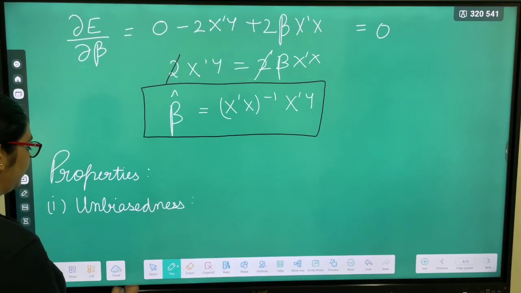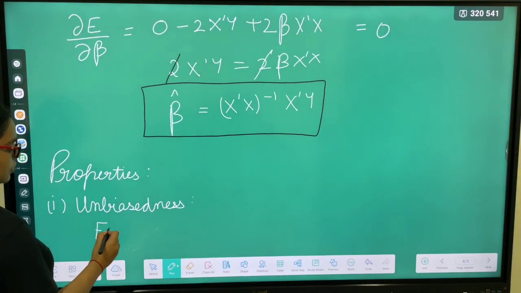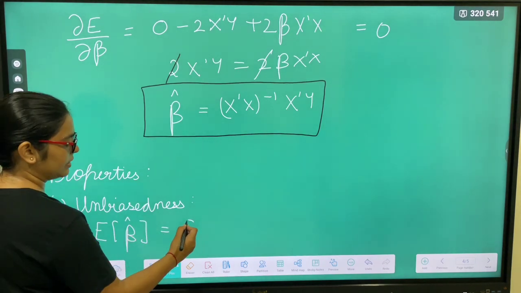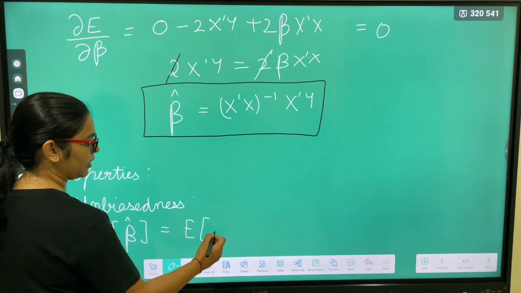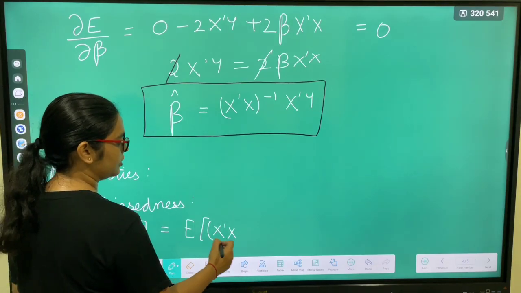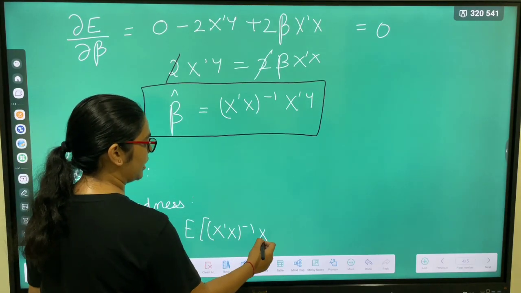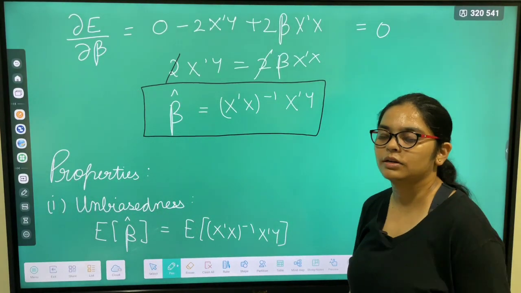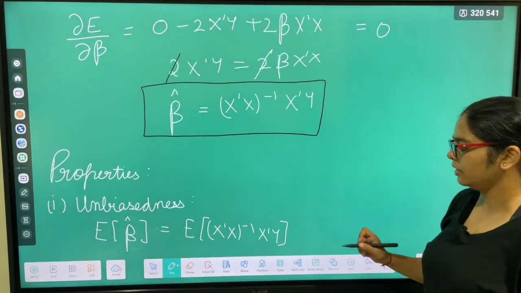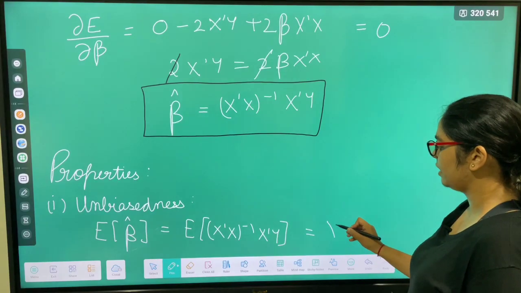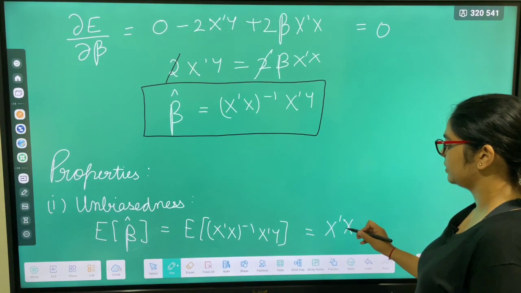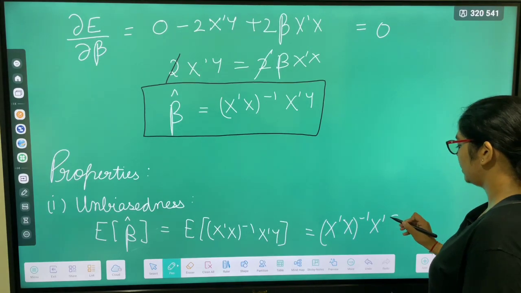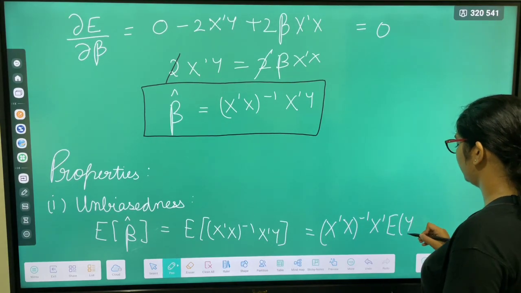The property of unbiasedness says expectation of beta cap is equal to expectation of x dash x inverse x dash y. Since x is an independent variable, it will come outside of the expectation and only y will be under expectation. x dash x inverse into x dash will come out and we are left with expectation of y.